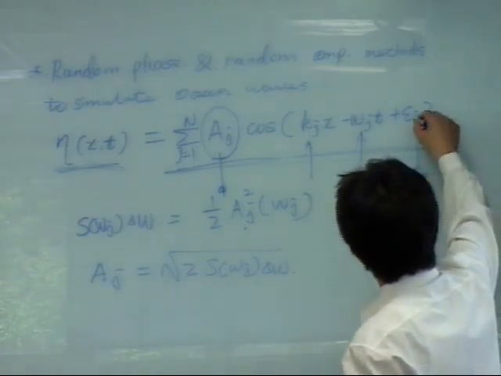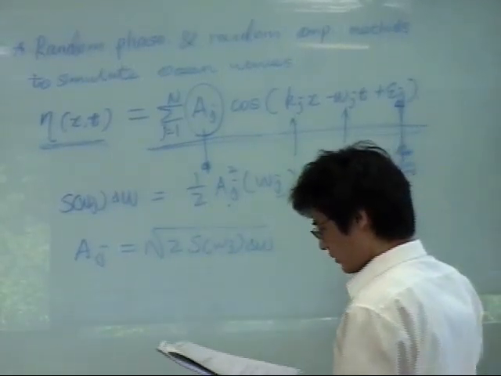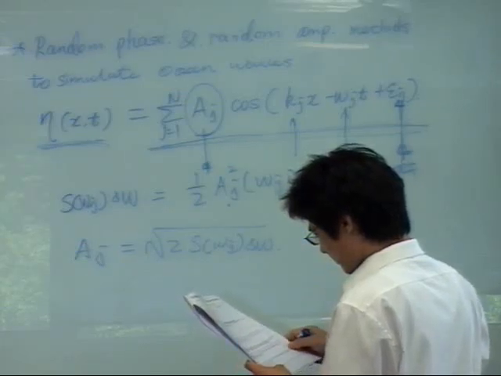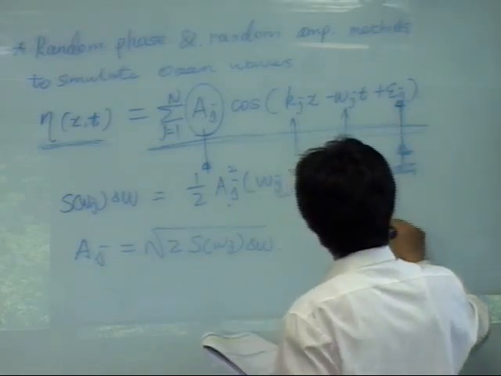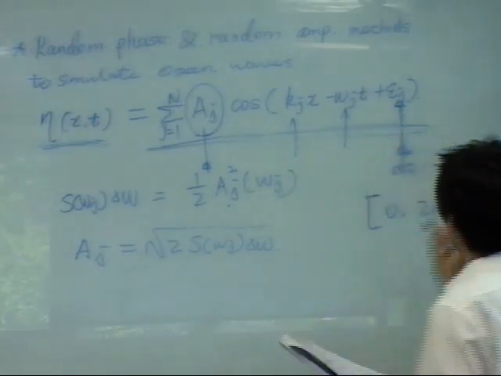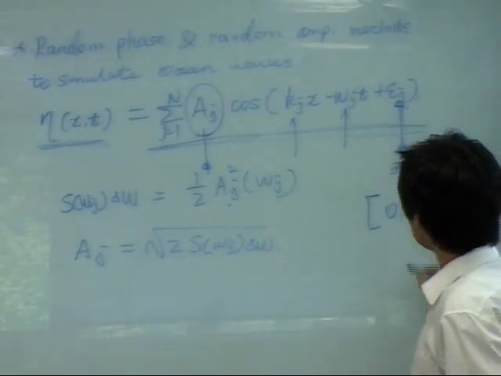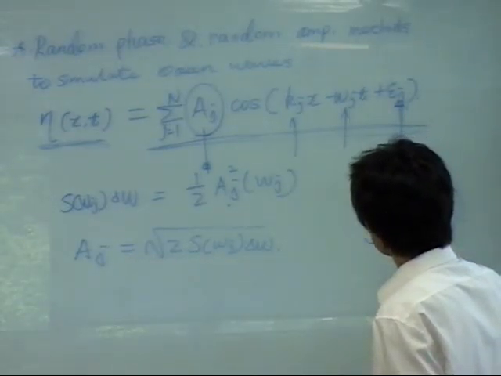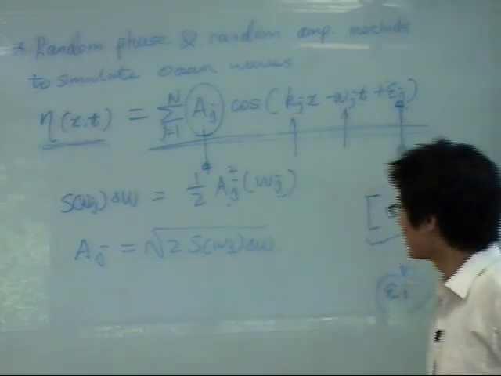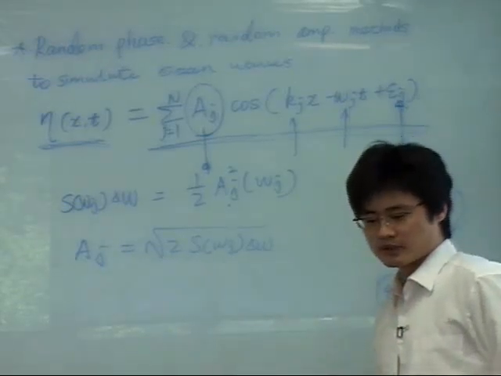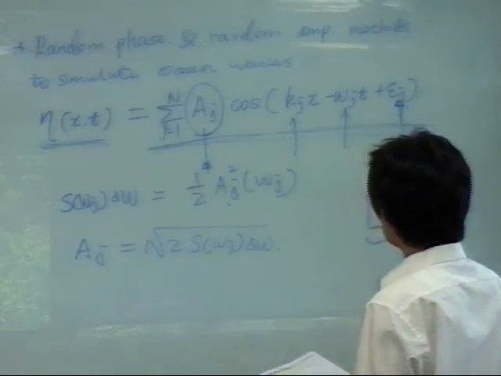So what we're going to do is generate a random phase randomly, in the range of 0 to 2 pi. At each of these components, I generate a random number. I don't know how large it is, but I can use a built-in program like in MATLAB or other subroutines to generate this number.